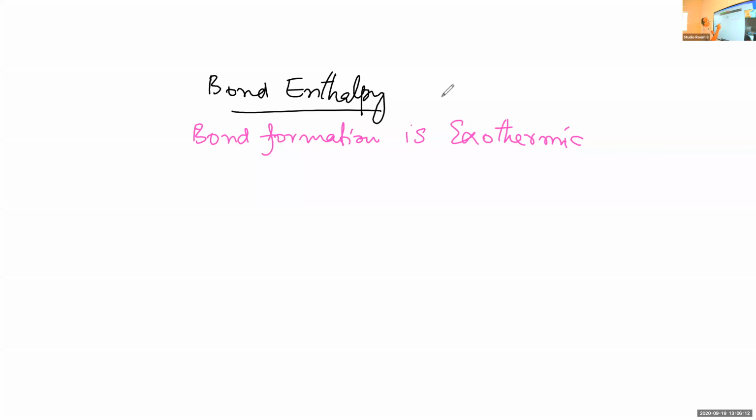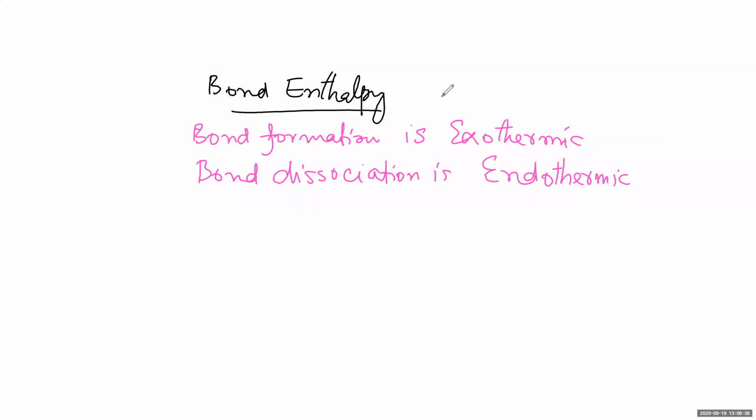So bond formation is exothermic, while bond dissociation is endothermic. You know the meaning of these words. Exothermic means heat is released, energy is released. So when a covalent bond is formed, energy is released, heat is released.